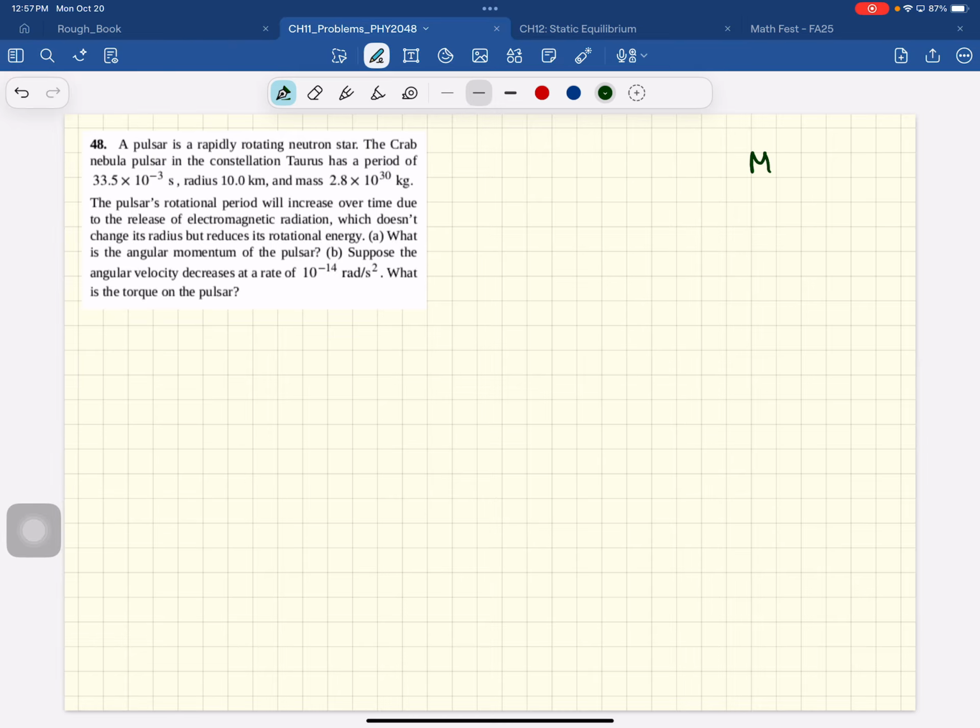So this is the notation for our solar mass. This is the mass of our sun. Okay, that's the notation. And the mass of our sun is about 2 times 10 to the 30 kgs.